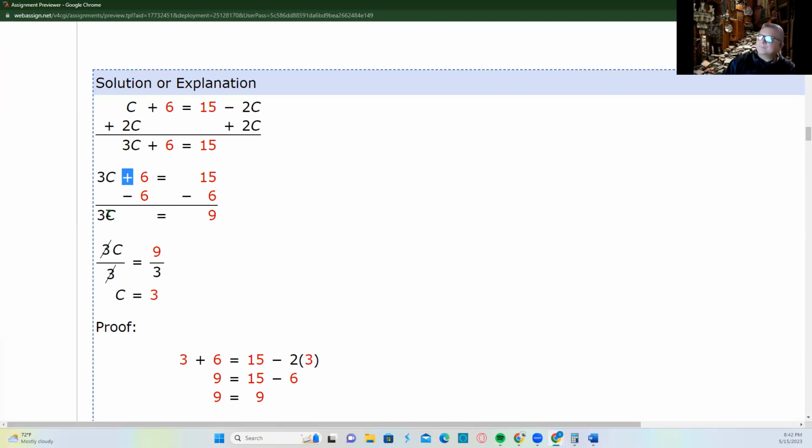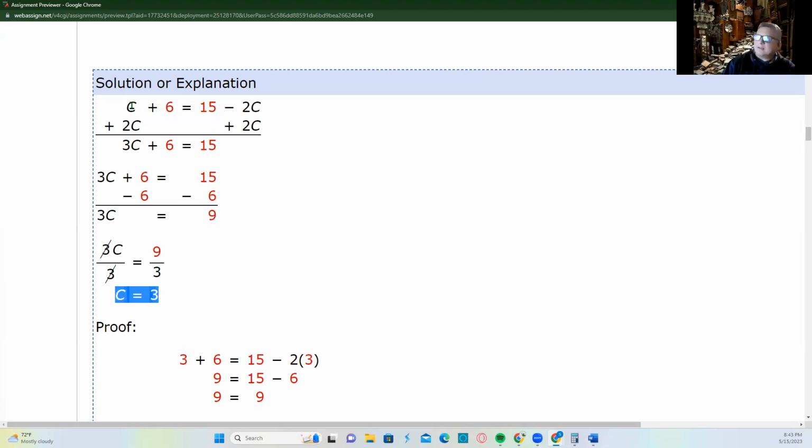That leaves me with 9. Now 3C, they're multiplying there. So that's 3 times C. If they're multiplying, you divide. So divide this side by 3 and this side by 3. 3 divided by 3 is 1, which just leaves me with 1C. I don't have to write 1 in front of it. 9 divided by 3 is 3. So C is equal to 3.